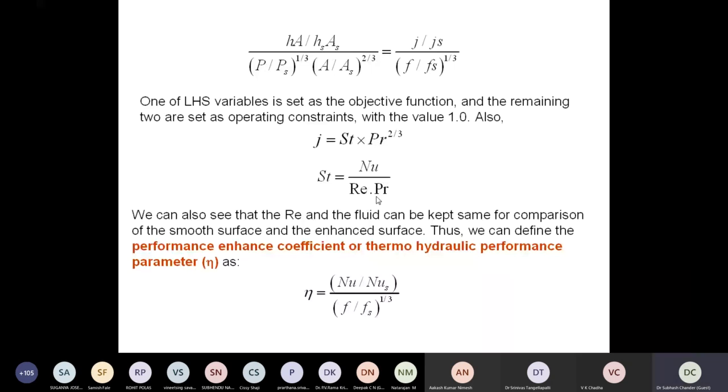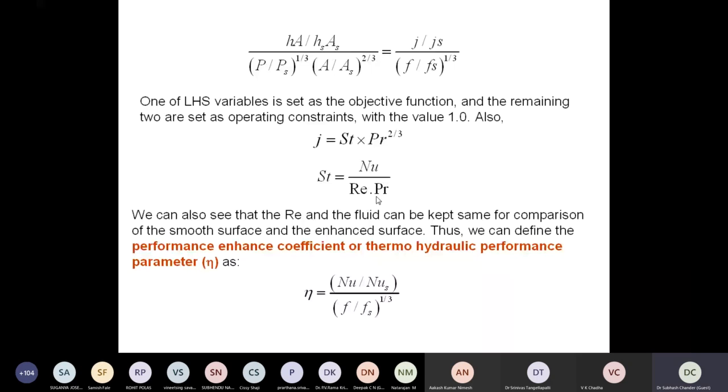It is termed the performance enhancement factor or performance enhancement coefficient, which we call the thermohydraulic performance parameter. That is the parameter we are going to discuss in our further comparison when I go for the case study, right? So this is something about the basics of heat transfer enhancement.